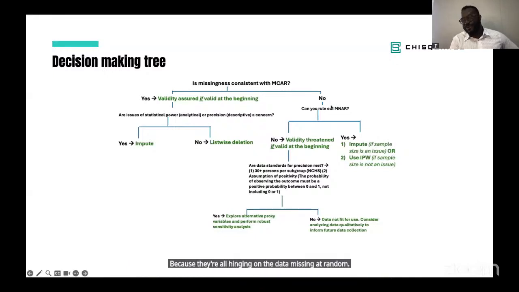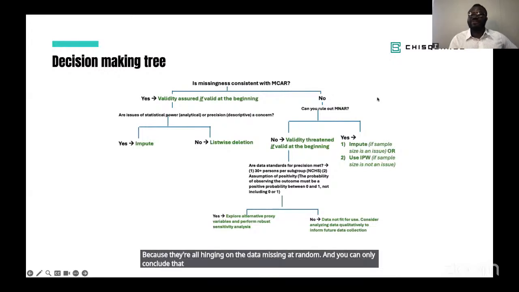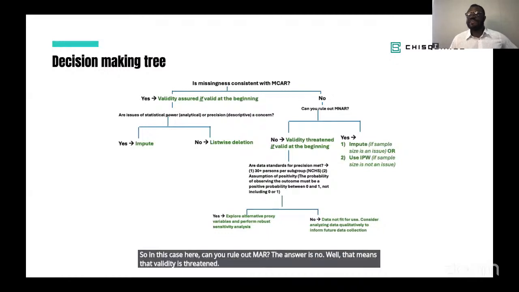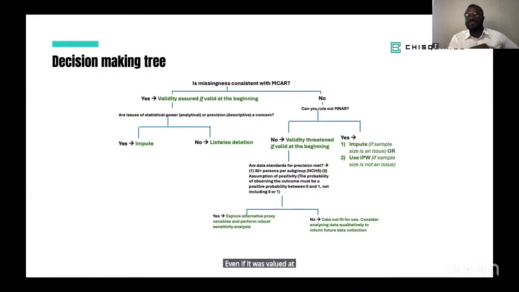And you can only conclude that they're missing at random if you can rule out MNAR. If you can't rule out MNAR, you can't come to a case of MAR. So in this case here, can you rule out MNAR? The answer is no. Well, that means that validity is threatened. Even if it was valid at the beginning, it is no longer valid now. There's no guarantee that it's valid now.